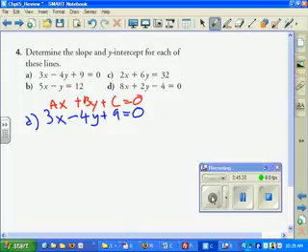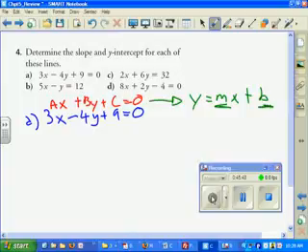Again, what Joseph is saying is that if we change that into y equals mx plus b form, that will give us what we need in terms of determining our slope and our y-intercept. So what do I need to do in order to get from standard to slope-intercept form, y equals mx plus b? What do I need to do with our equation here?